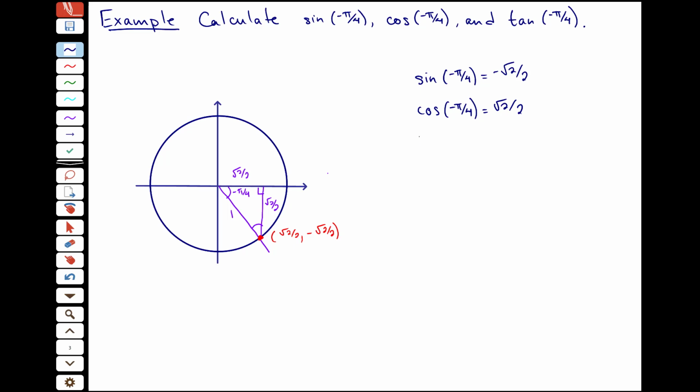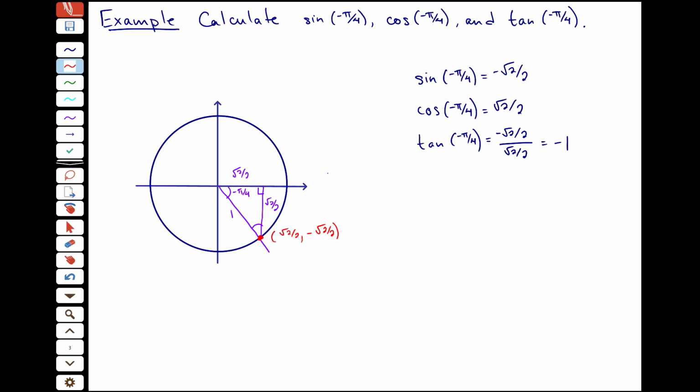And remember, tangent of an angle is sine over cosine. It is the y-coordinate over the x-coordinate. So we have minus root 2 over 2 divided by root 2 over 2, which is just minus 1.